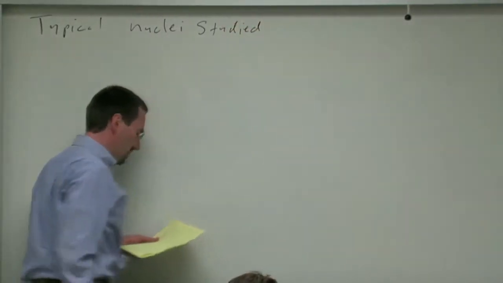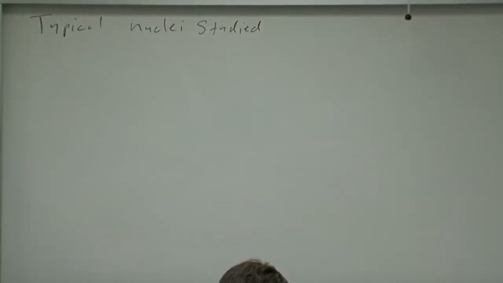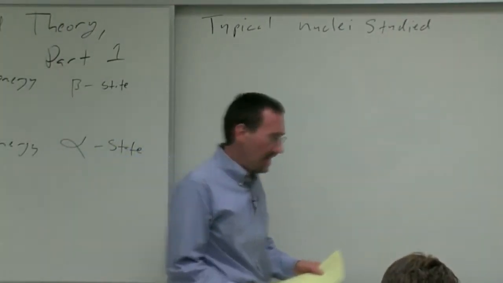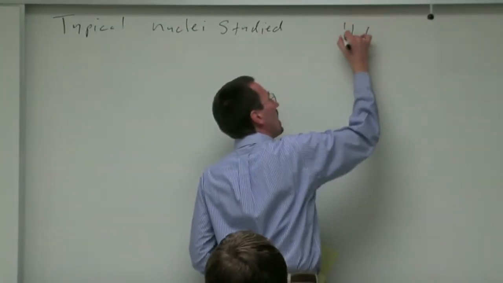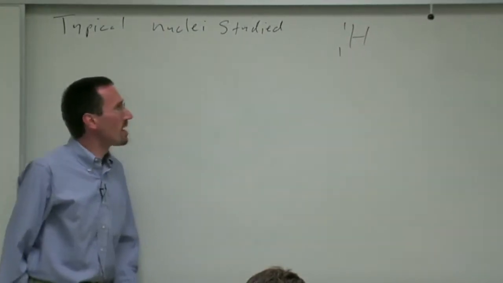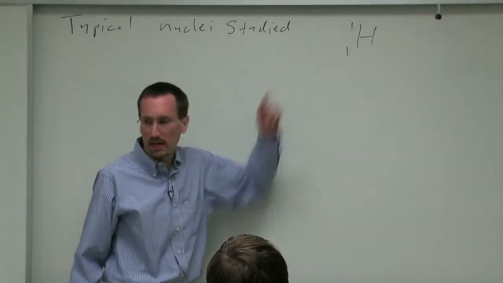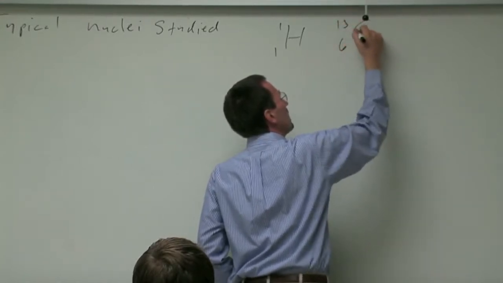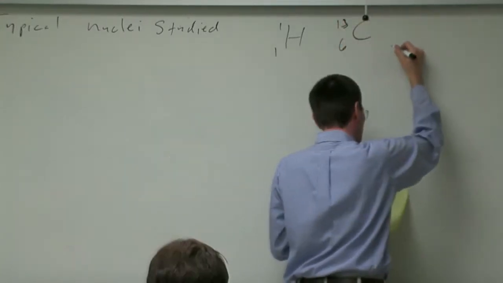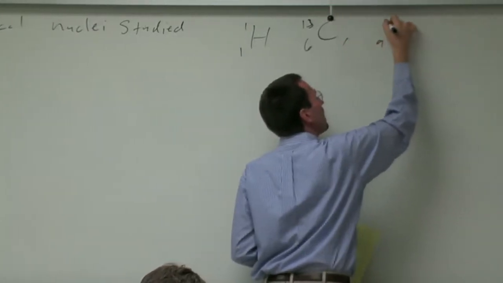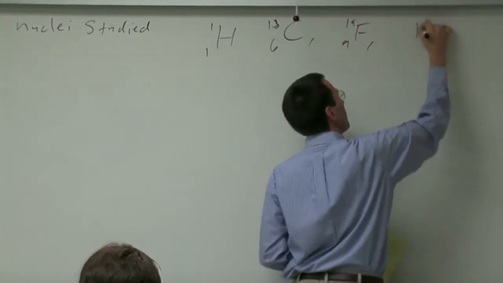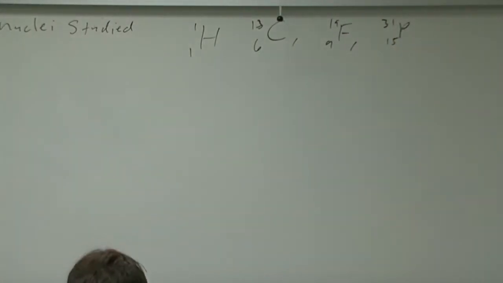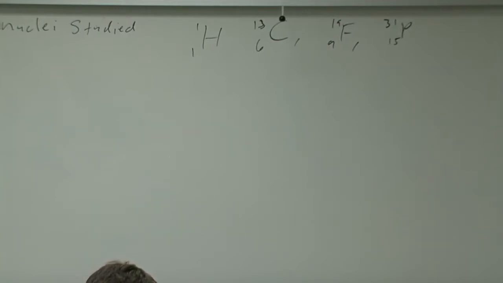So if you go, for example, to the 400 megahertz NMR spectrometer in my building, in Natural Sciences 1, you'll find that that instrument can study protons. And I'm going to write a couple of numbers for these. So I'm going to write the atomic number and the mass number. And it can study C13. And it can study F19. And it can study P31. And these are common nuclei that are often studied by NMR.